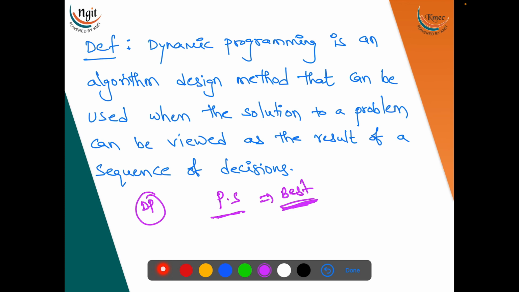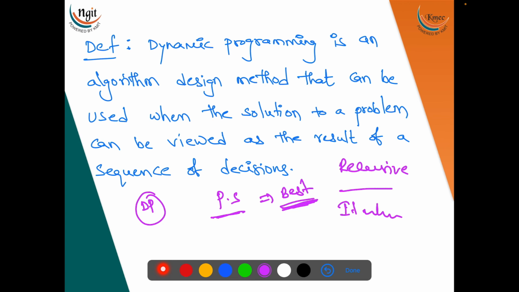Mostly, dynamic programming problems are solved using recursive formulas. Though we may not use recursion in programming, the formulas are recursive. If we want, we can use recursion also, but mostly they are solved using iteration or an iterative procedure.